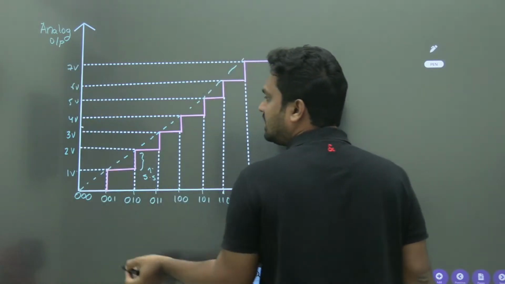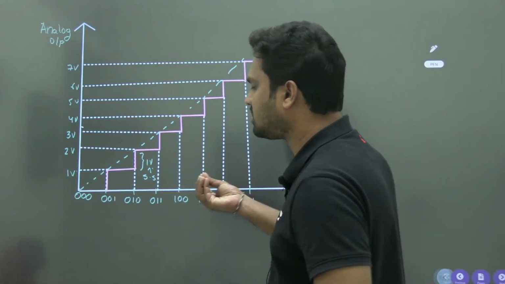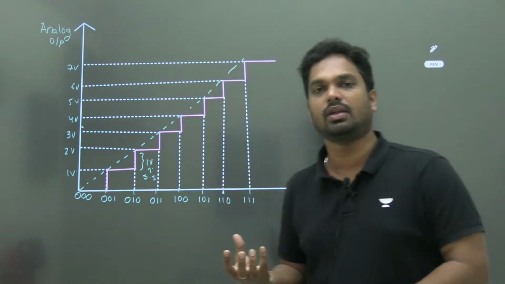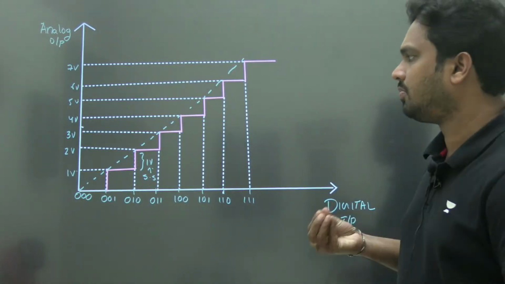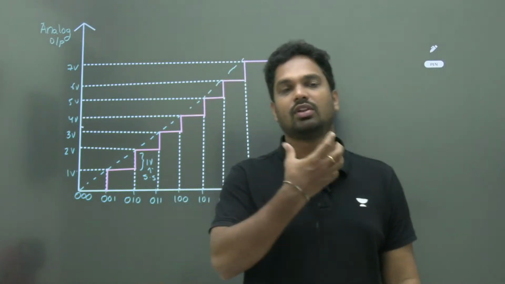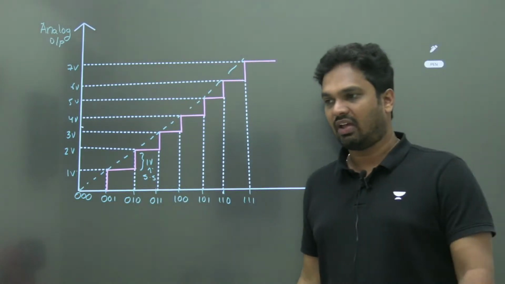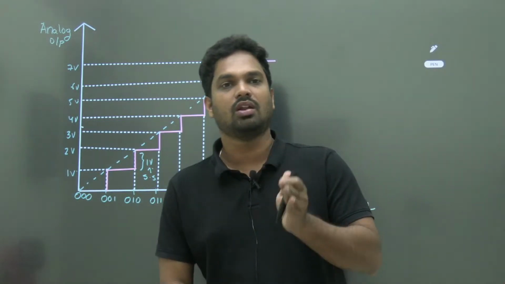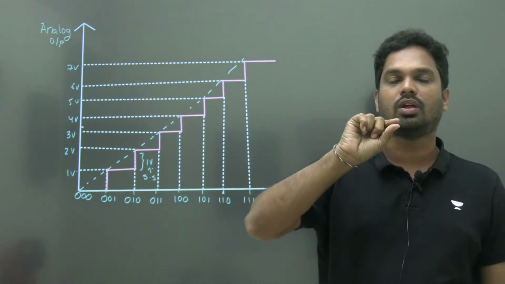So the step size here will be how much? 1. So for a 1-bit change, the corresponding change in the output is given by the resolution. If the resolution is better, I can represent my given input more accurately. That's why when you buy a television, you ask for a high-resolution television, because it will divide the screen size into n number of parts. If you make more parts, you can represent more accurately.